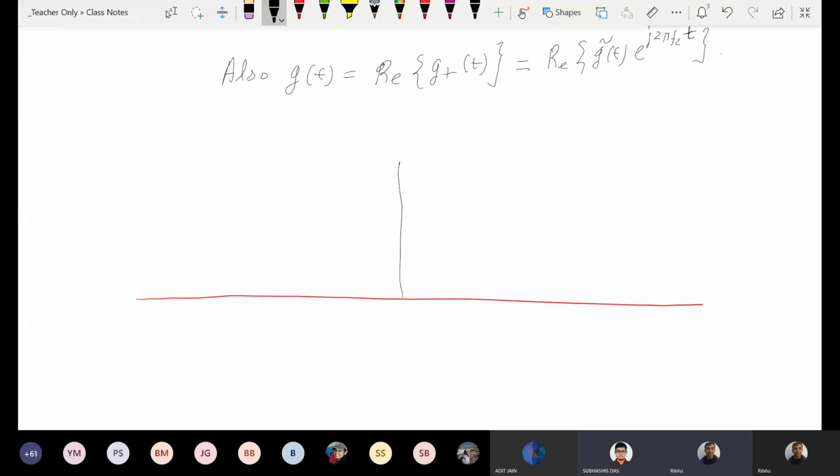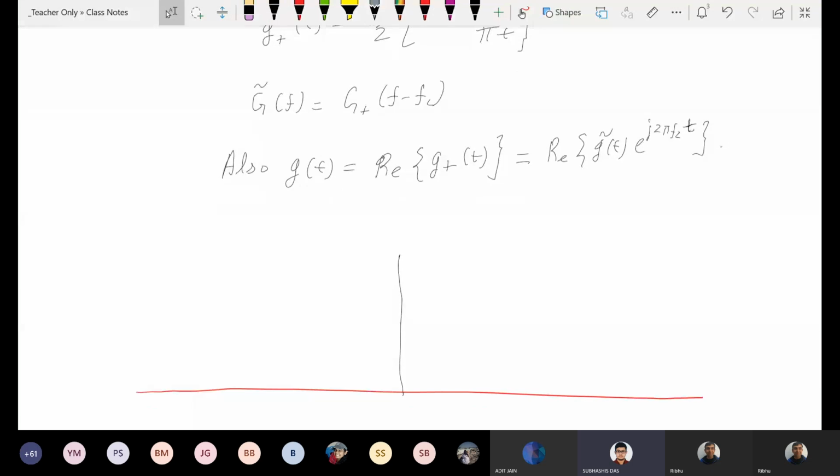From the equation it was g of f plus half of g of f times signum of f, minus j signum of f g of f, right? So how exactly did it come about g tilde of f plus fc? That is the only issue. So that's what I'm explaining. It's easier to explain it this way rather than derive it. So what happens is that, fine, this is g of f.